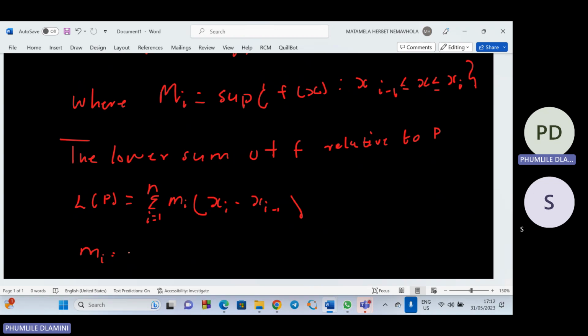Here m is the infimum of f of x for xi minus 1 less than x, which is less than xi. So what we just did there is define the upper sum and the lower sum.